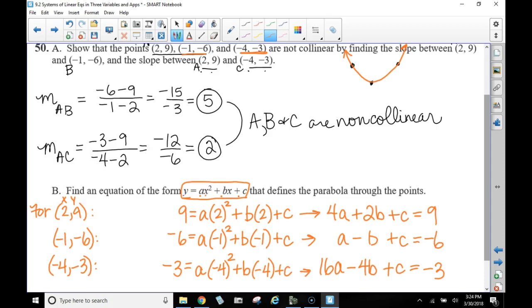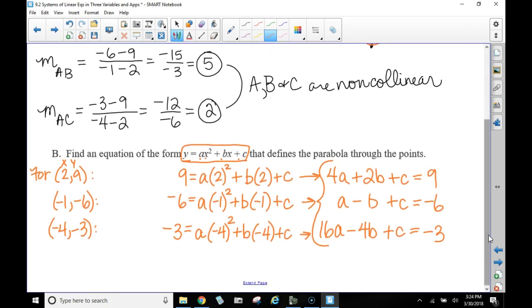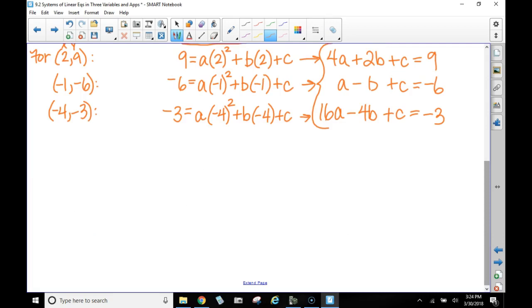Okay? Now what we've got going on is a system of equations. 3 unknowns and 3 equations. We should be able to solve this. Recall what we need to do is pick one of the values and make it fall out. I think I want to go with the c.